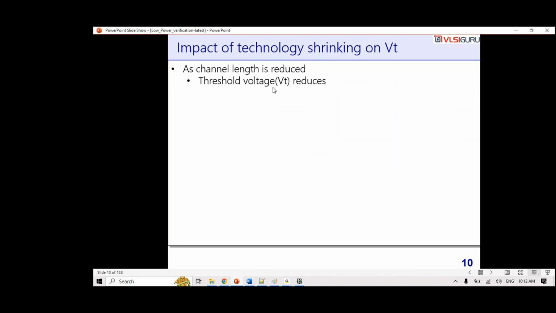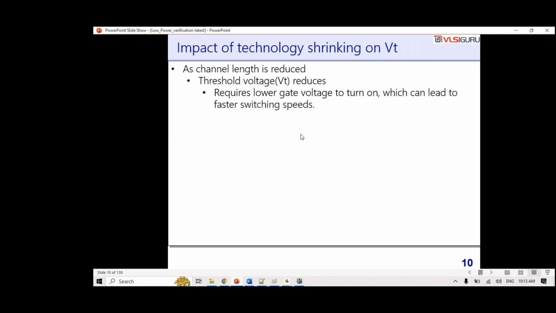Okay. So the threshold voltage reduces, which means it requires a lower gate voltage to turn on, which can lead to faster switching speeds. So one advantage we get is, with the reducing channel length, switching speed will increase because you're able to turn on the transistor with a lower gate voltage.